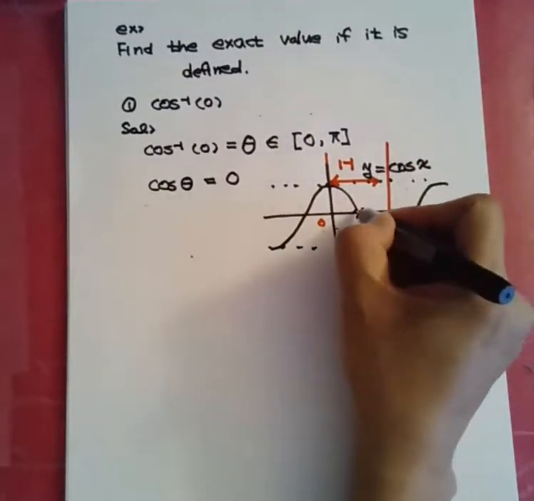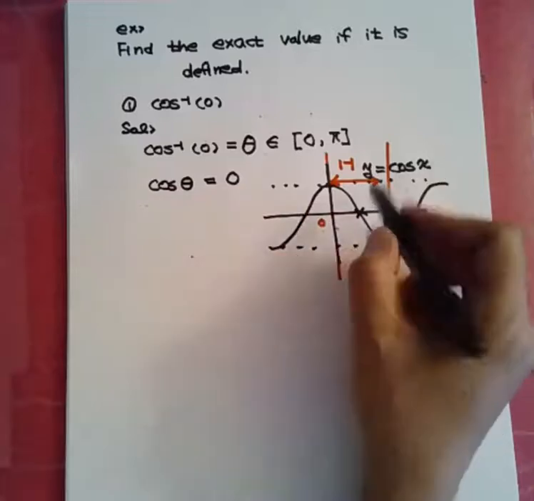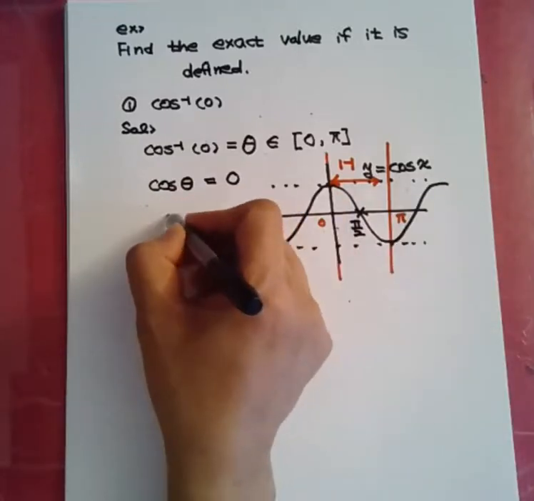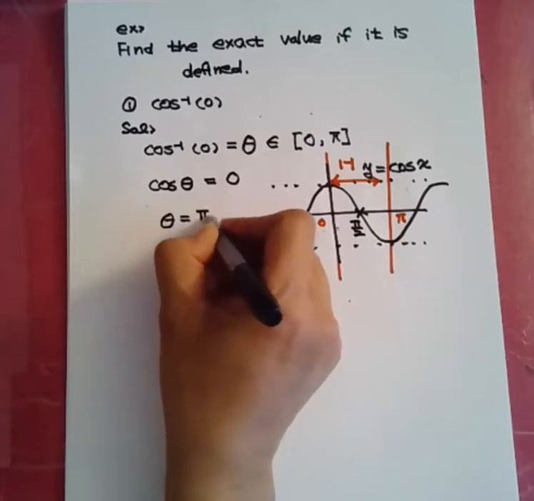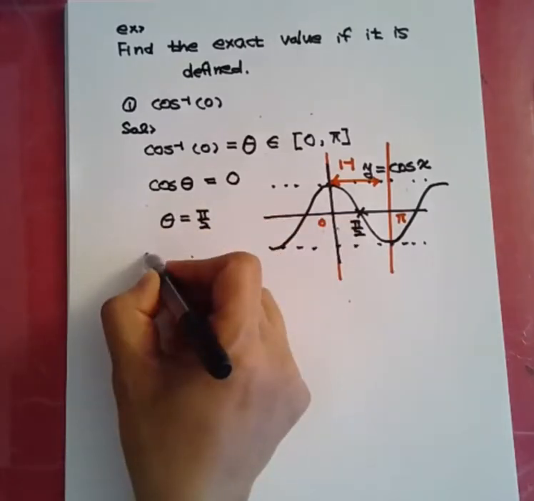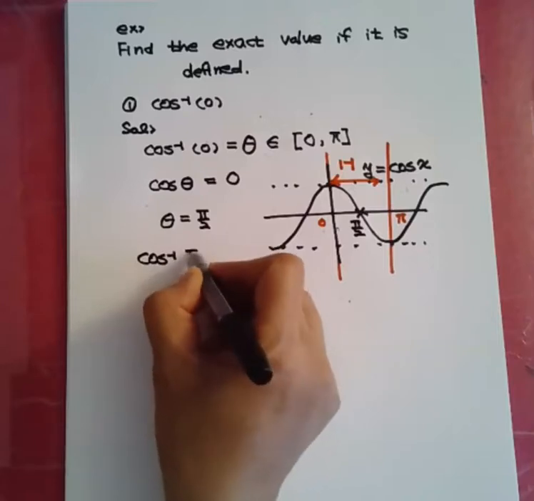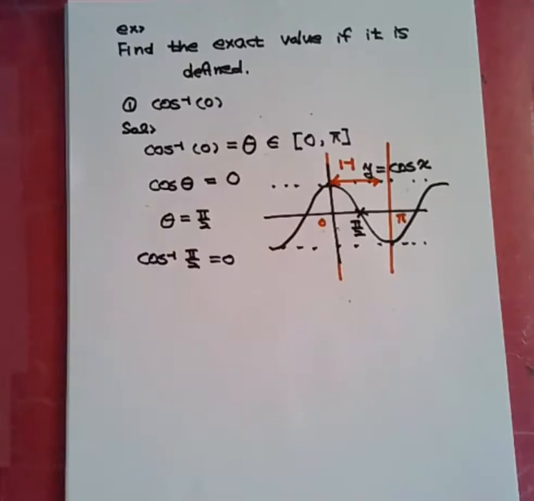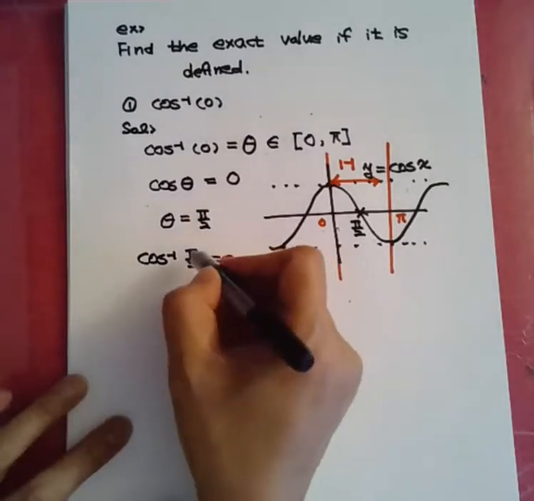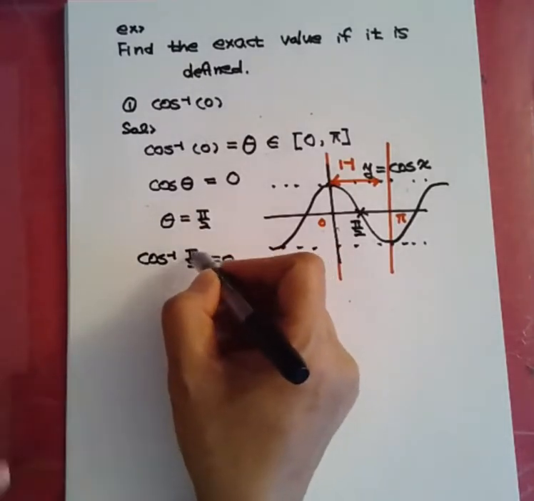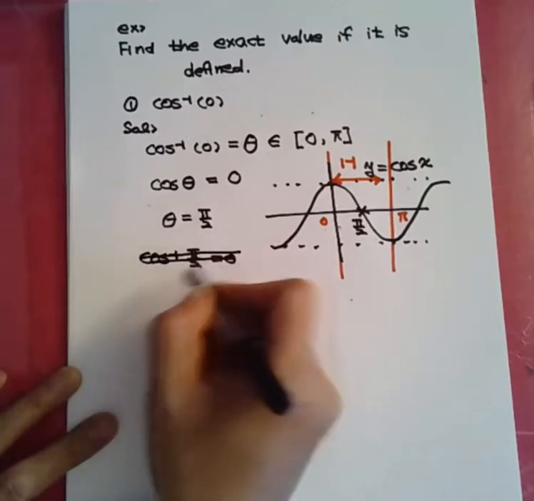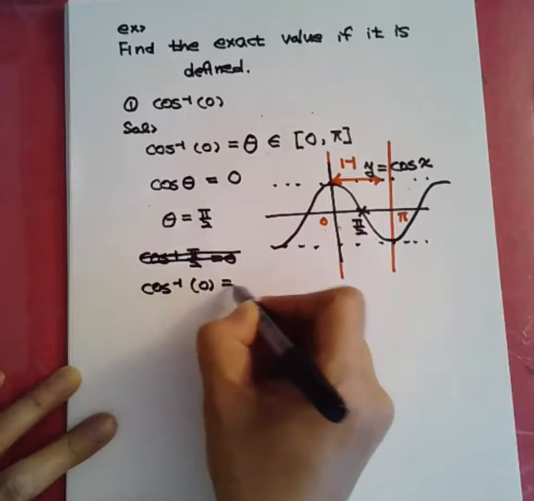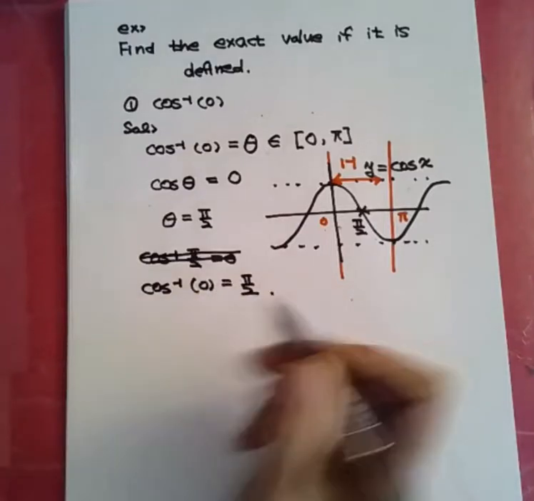This point where the cosine value is 0 was pi over 2. So we can say that theta equals pi over 2. That implies cosine of pi over 2 equals 0. Cosine inverse of 0 equals pi over 2.